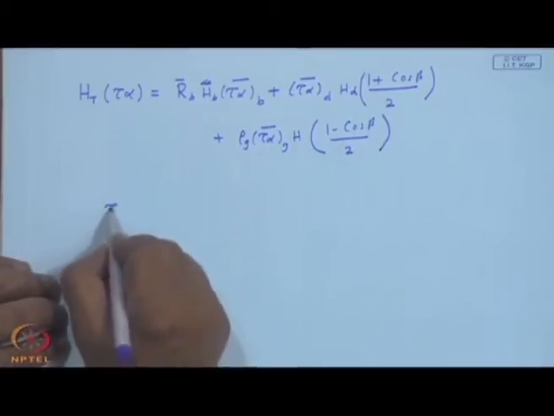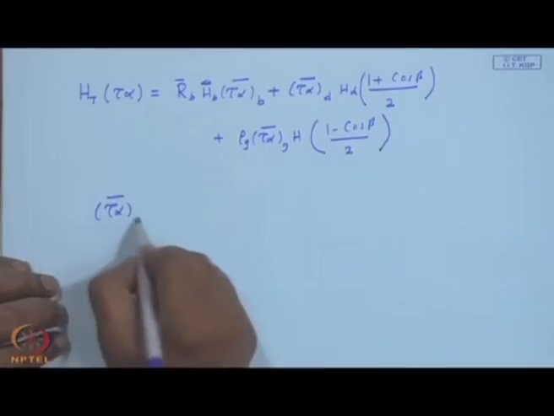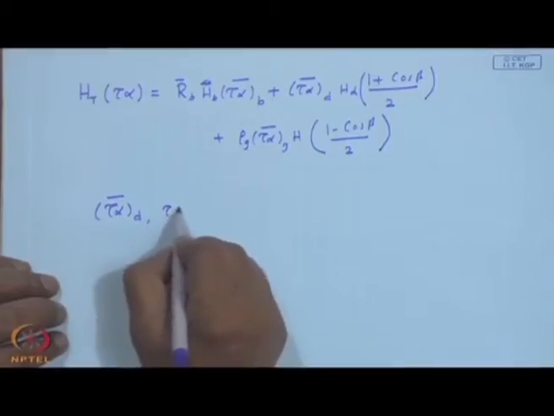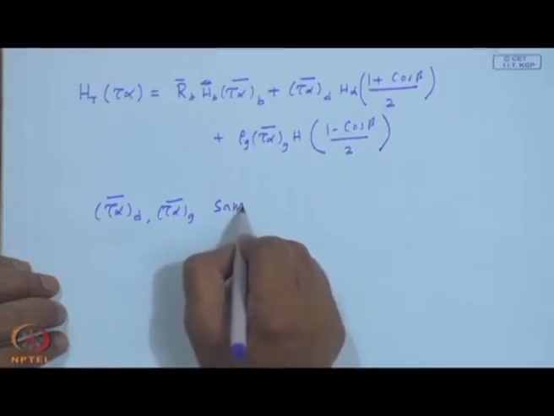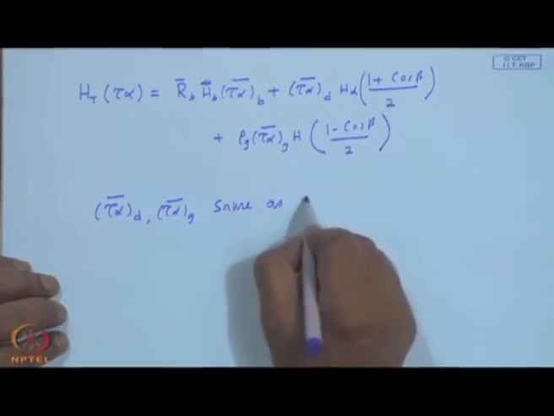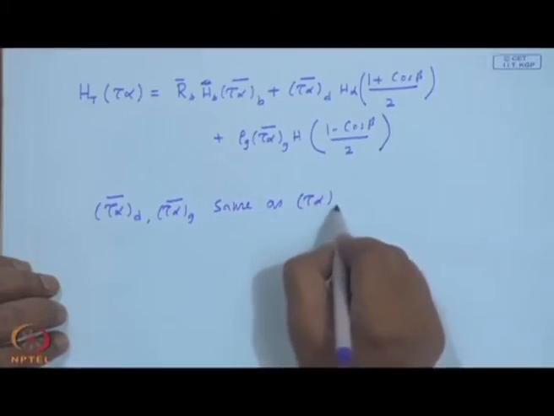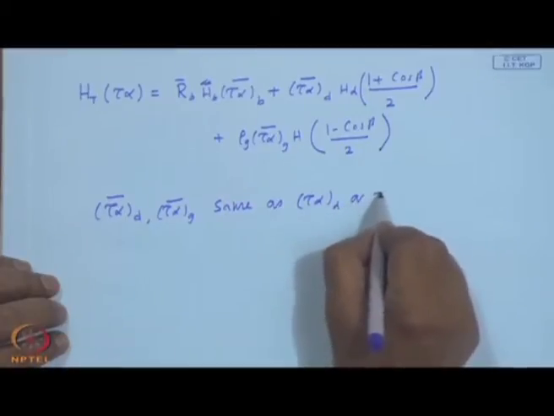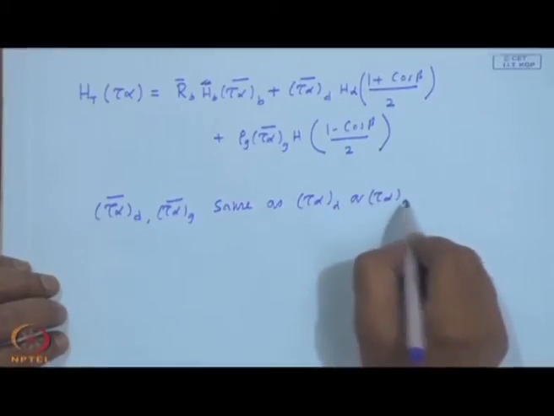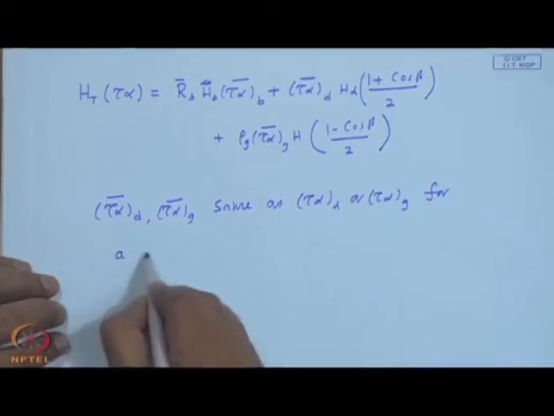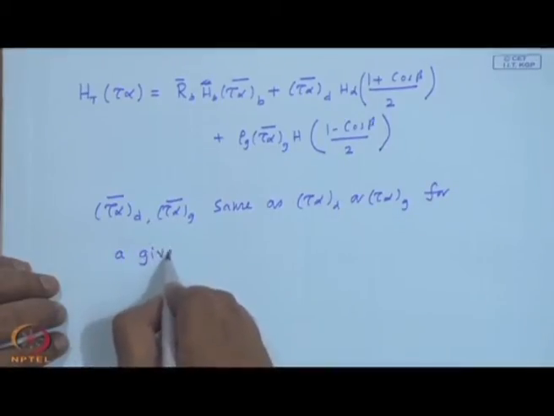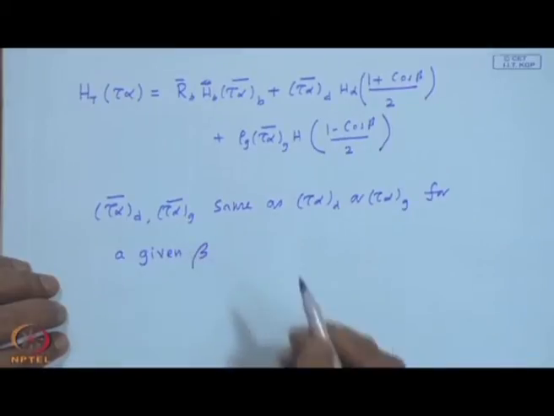Fortunately, tau alpha bar D and tau alpha bar G are the same as tau alpha D or tau alpha G for a given beta.